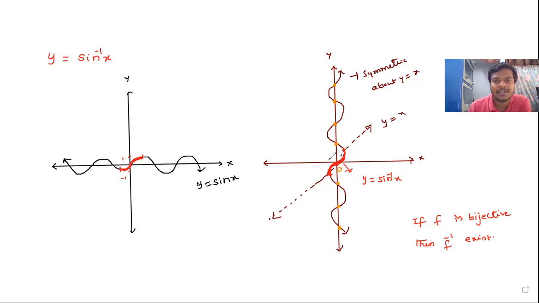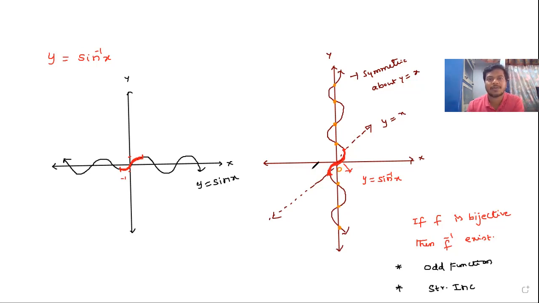And clearly, this graph is symmetric about the origin, right? So it is known as an odd function. And it is also a strictly increasing graph, like this.